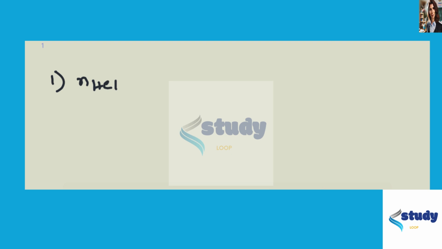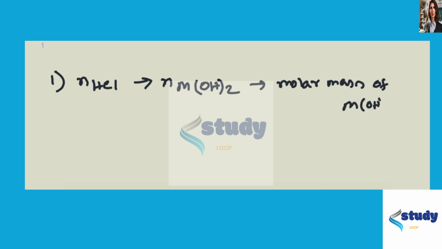We'll find out the number of moles of HCl, and from there we will find out the number of moles of the metal hydroxide if we just consider the formula as MOH2, since it's a group 2 metal hydroxide. And from the number of moles, using the mass of the metal hydroxide, we can find out the molar mass of the metal hydroxide.